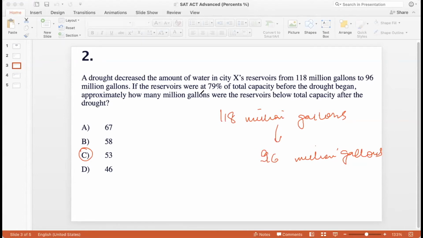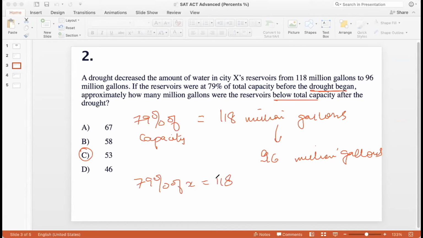If the reservoirs were at 79% of total capacity before the drought began, so this was 79% of capacity, approximately how many million gallons were the reservoirs below capacity after the drought? So let's say the capacity is X, then 79% of X is 118.